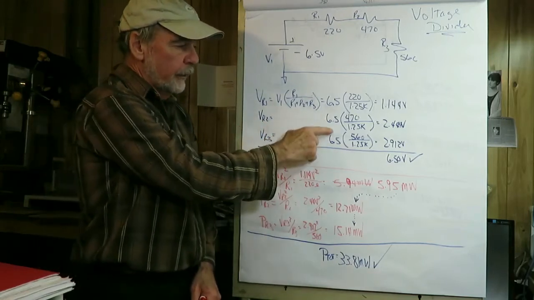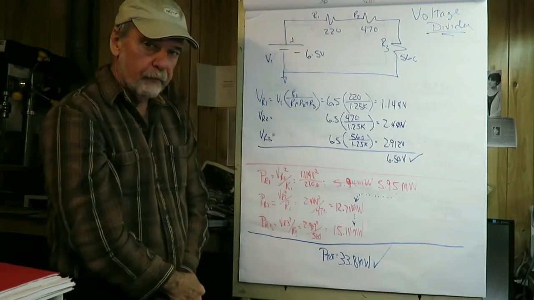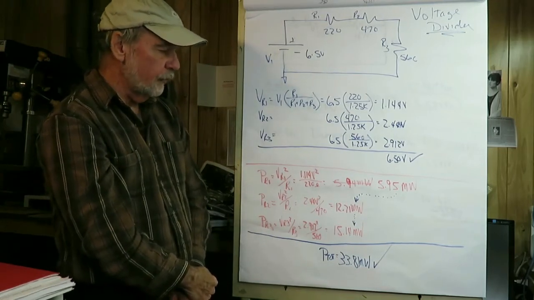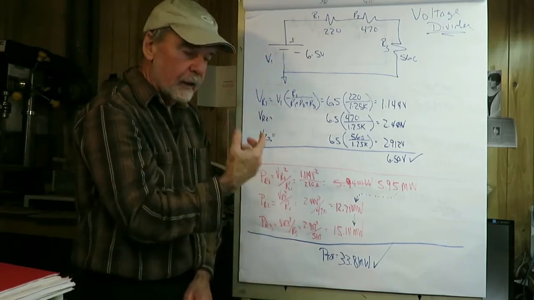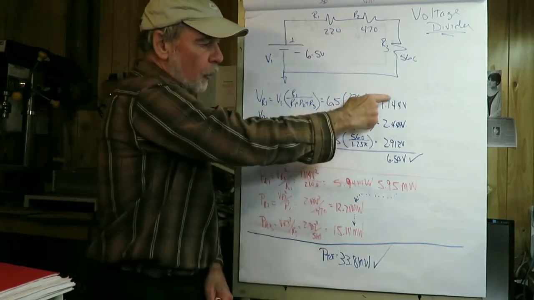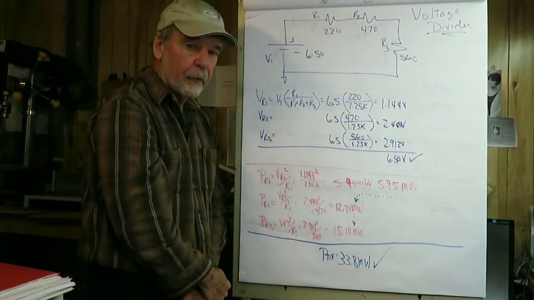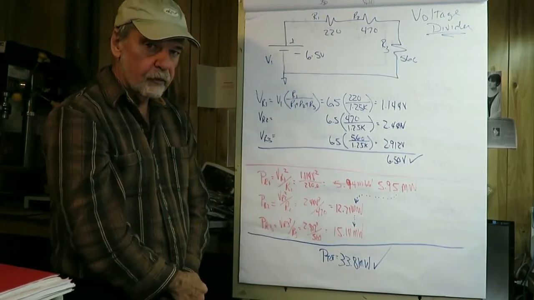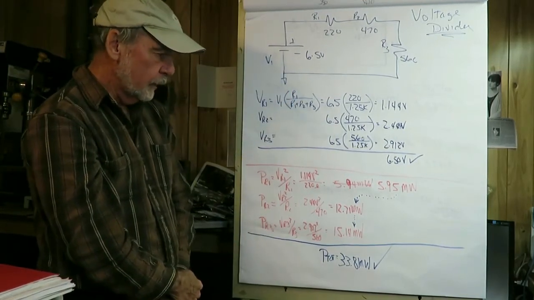VR2 is the same thing, only now in the numerator we have 470 ohms, and then the voltage drop across our R3, 560 ohms, same thing, except the numerator is now 560. If we add up all these drops as before, we end up with 6.50 volts. Again, the sum of the drops is equal to the sum of the rises.